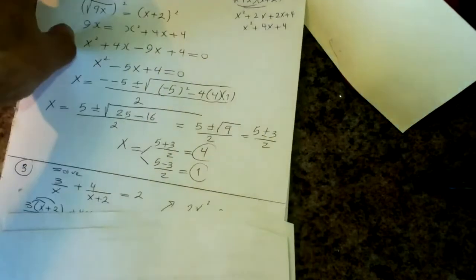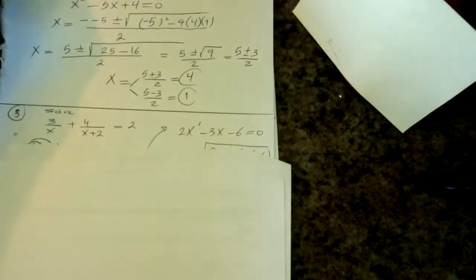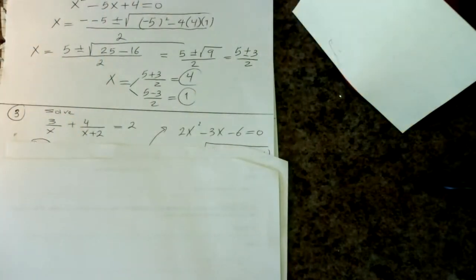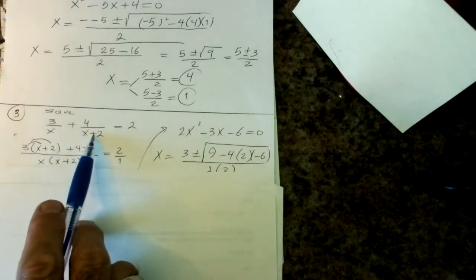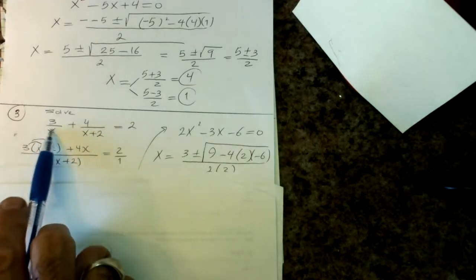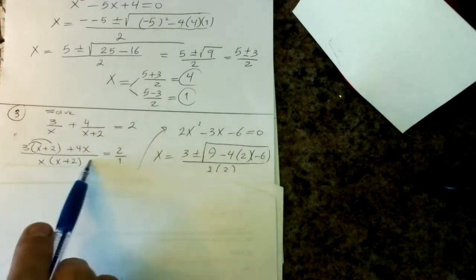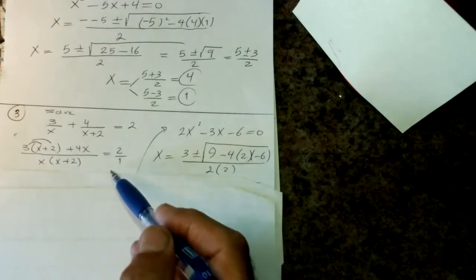This problem is a fraction. So what you do here is, if you want to take common denominator, here you have x times x plus 2 as your common denominator, then 3 times that plus 4 times that. Then we cross multiply.